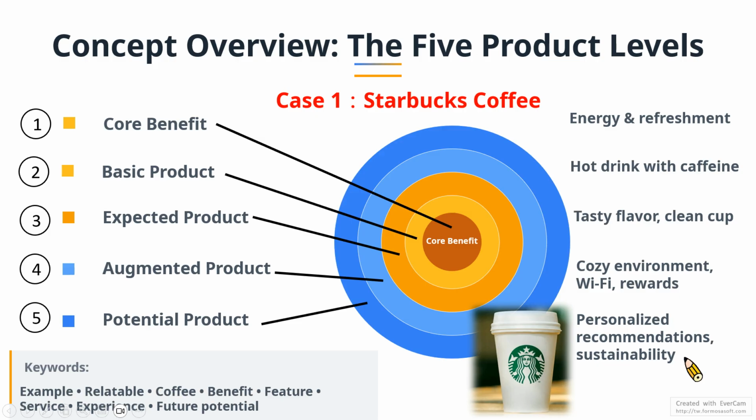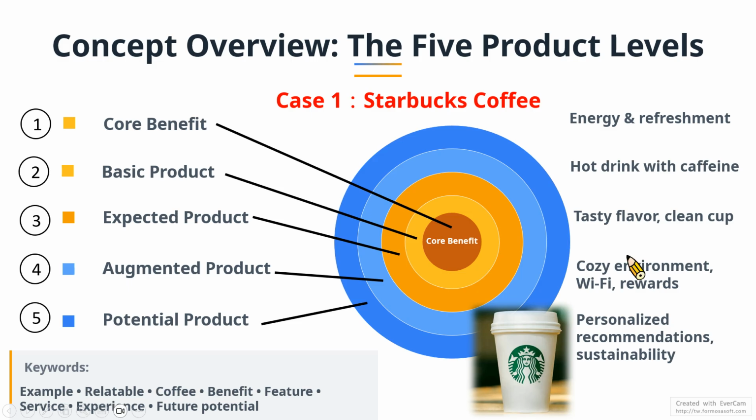And finally, potential product maybe is about personalized recommendations or sustainability. This is the coffee's 5 label example. So we see Starbucks is not just selling coffee, it's selling an experience.